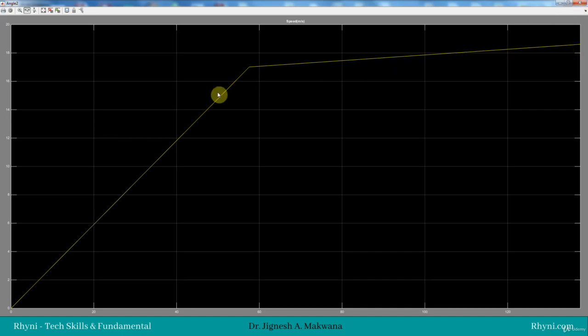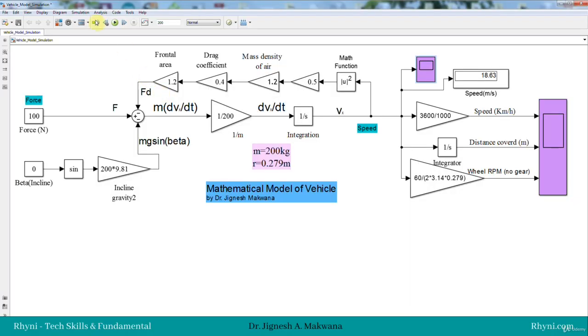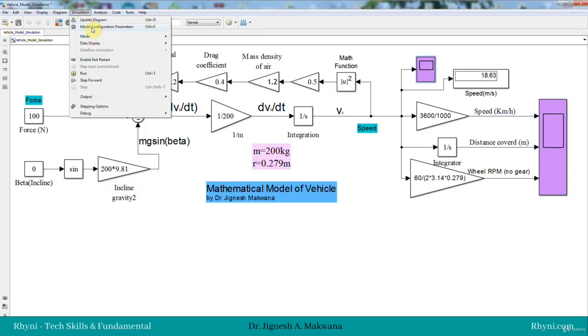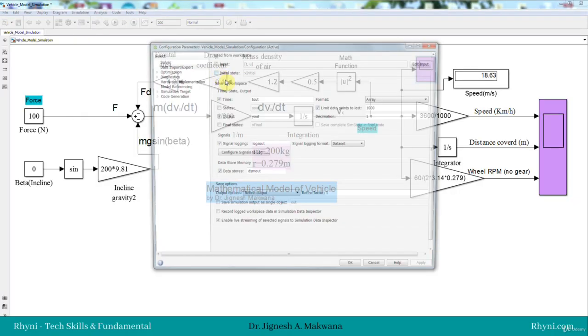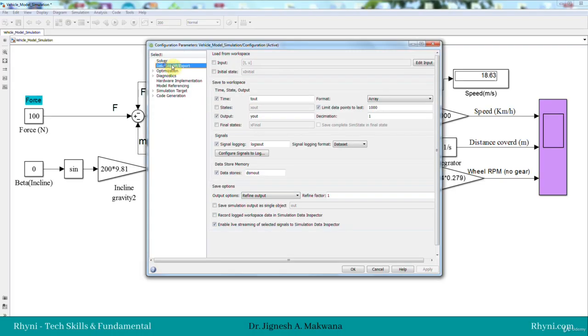So we will do two things for refining this data. We know that this is an exponential response, but for refinement you can go to the simulation model configuration parameters, and under Data Import/Export you can see the save option. Under the output option, refine factor, you need to increase the refine factor if your output is not smooth.